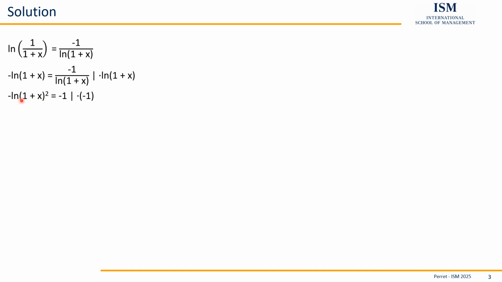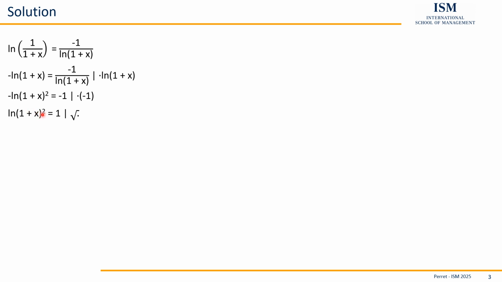So the next step to get closer to the x, which now is only on one side of the equation, would be to get rid of the minus. So I'm going to multiply the whole equation with minus 1. And then the next step, well, I want to get to the x, so I have to work my way from the outside to the inside.